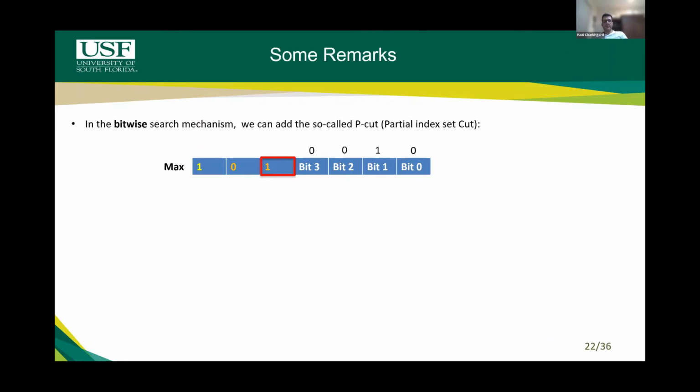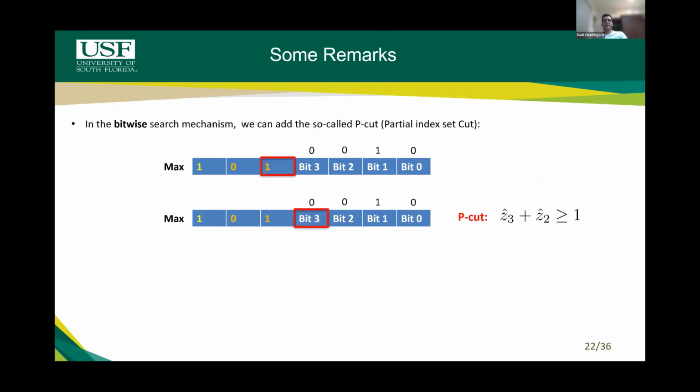In this case, bit number 1 is the most significant unexplored bit that has the value 1. So I look at the bits that are larger than that and not yet explored, and I add my cut based on that. So basically, I add this cut that for bit number 2 and 1, at least one of them should be 1.